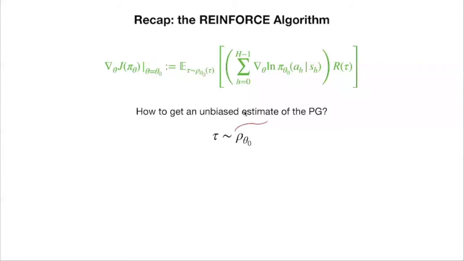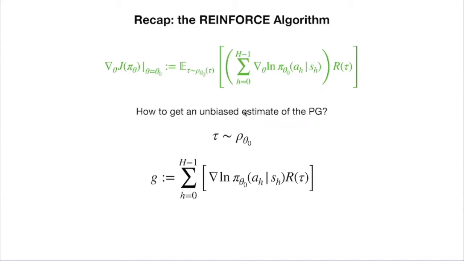The way you draw this trajectory is to execute policy pi theta 0 from s0 from the initial distribution, starting from the first time step, and draw a trajectory. So that trajectory is a sample from this trajectory distribution. And then just replace this expectation by this sample. So this is an unbiased estimate, and taking the expectation, this will equal the true gradient.